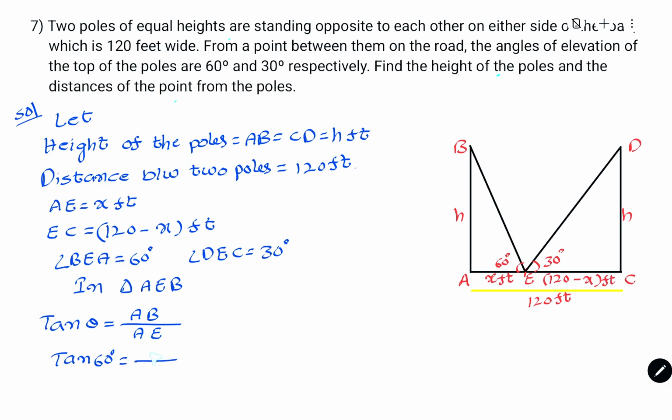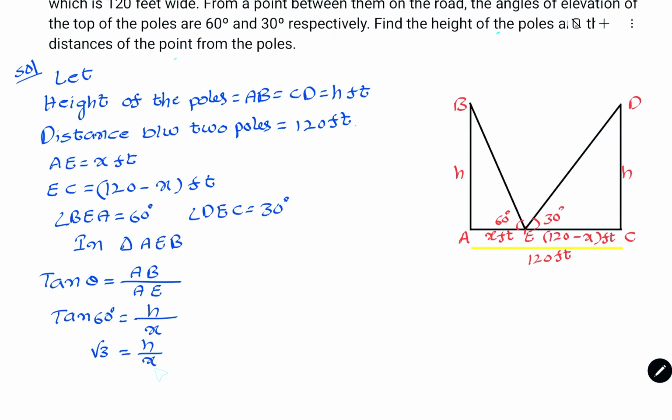Here AB is H, AE is x. Tan 60 value is root 3. So H by x. Now transpose x from RHS to LHS. Then it will multiply RHS. X into root 3 is equal to H. We can write H is equal to x root 3. This is the equation number 1.